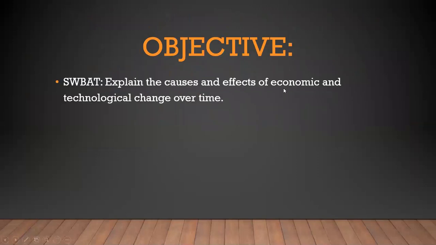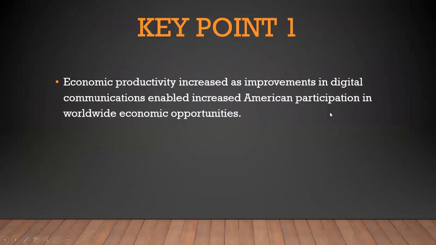So we talked about this already, right? Effects of economic and technological change over time. First key point: economic productivity increased as improvements in digital communications enabled increased Americans' participation in worldwide economic opportunities. So basically, what you're going to see is an increase in productivity through this time period, in part because there's improvements in digital communication and overall technology.